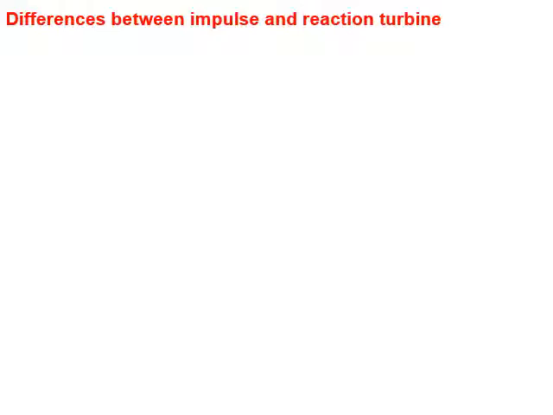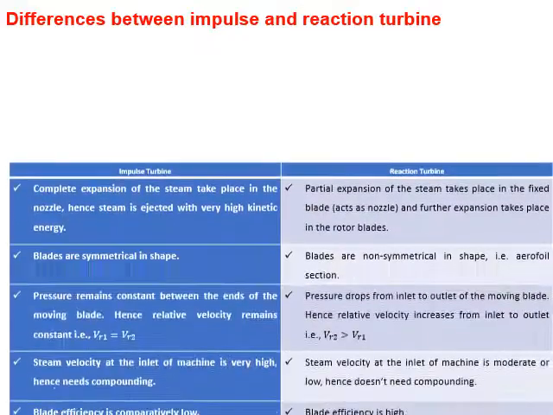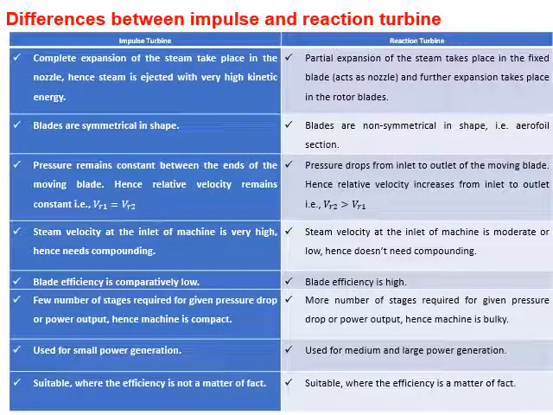The next topic is the differences between impulse and reaction turbines. See this tabular column: the left-hand side is for the impulse turbine and the right-hand side is for the reaction turbine. The first difference is that in an impulse turbine, the complete expansion of the steam takes place in the nozzle and steam is ejected with very high kinetic energy.